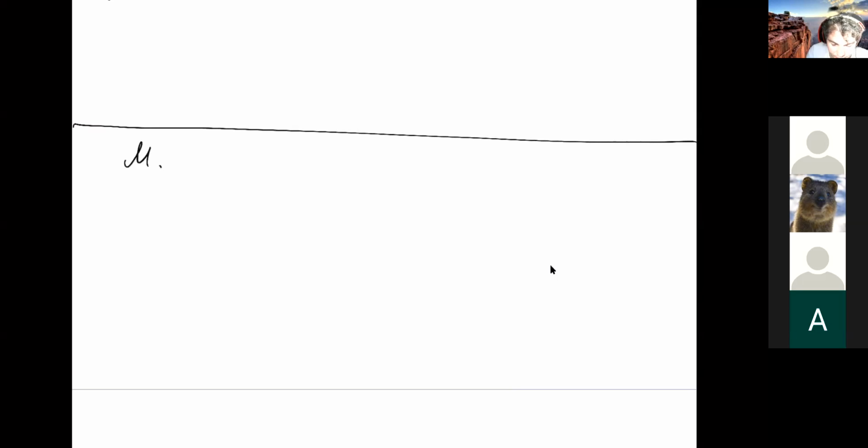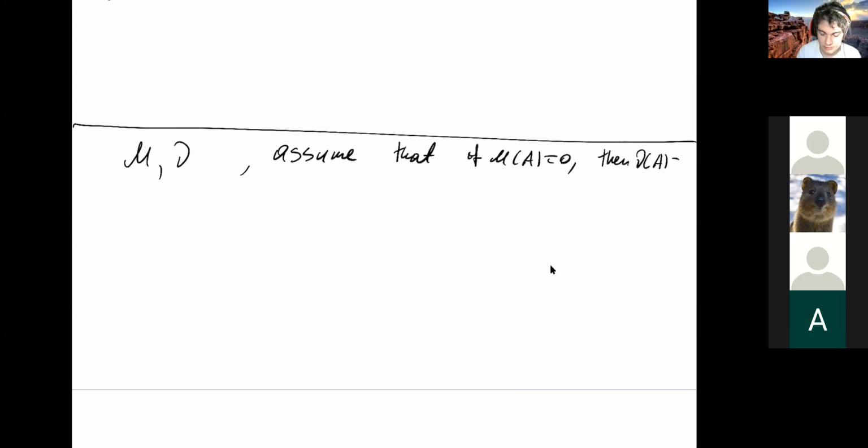I'm assuming that I have two measures, let's for a while assume that they're both regular, nice, positive measures, and we assume that if mu of A is 0, then nu of A is 0.